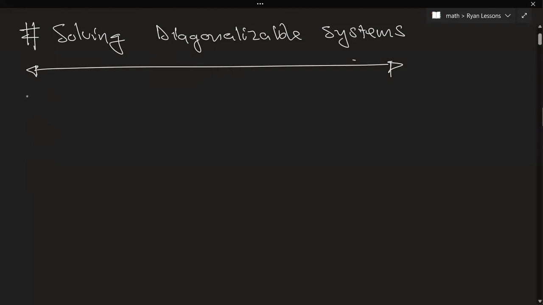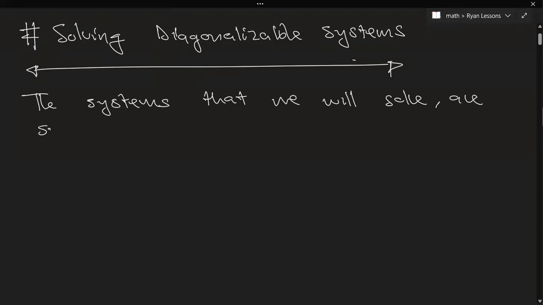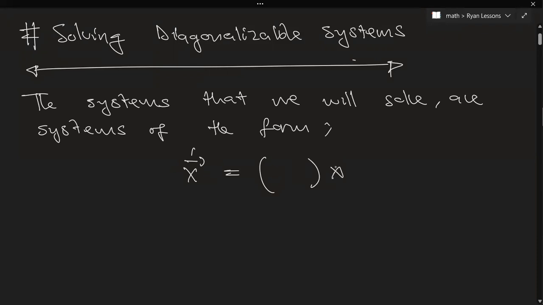You see, so the systems that we will solve are systems of the form x prime is equal to some matrix A times x, where here we just have some matrix A_ij.